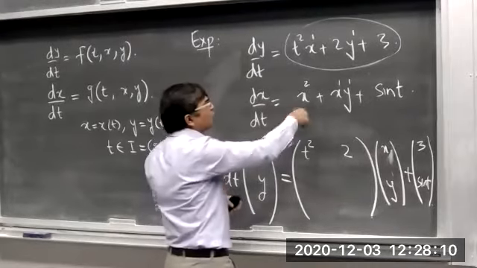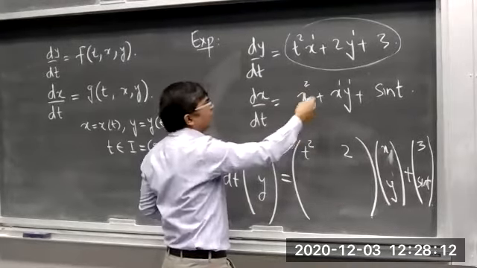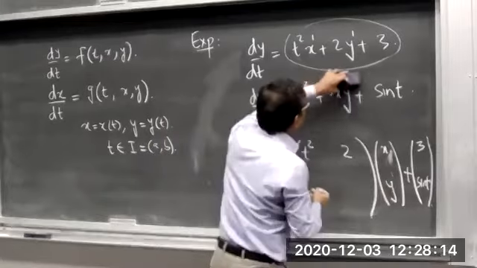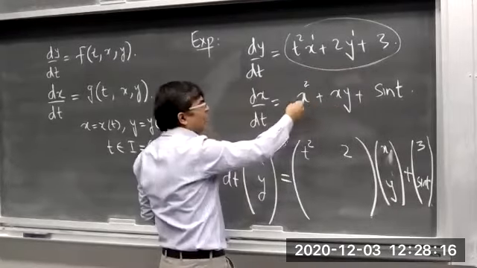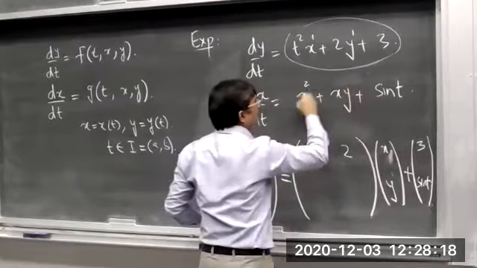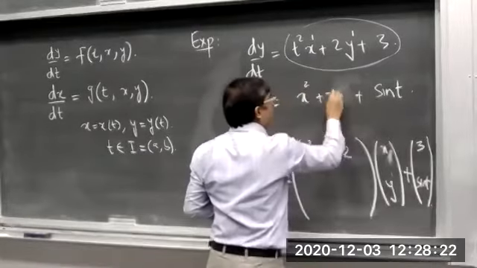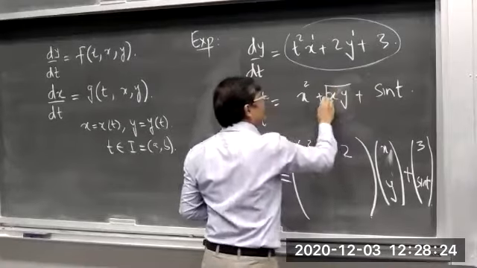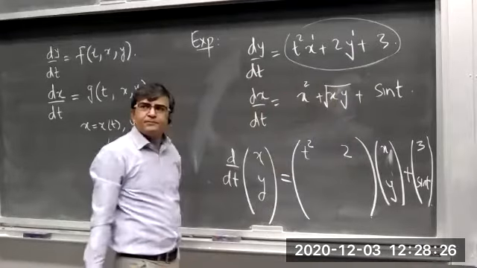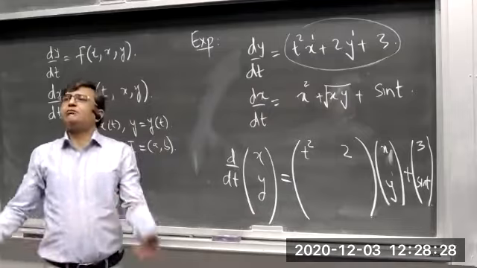Something else could also be here, it is not necessary that it is x square or xy, it could be x square, x under root y, x y square root, it could be anything, any non-linear function.